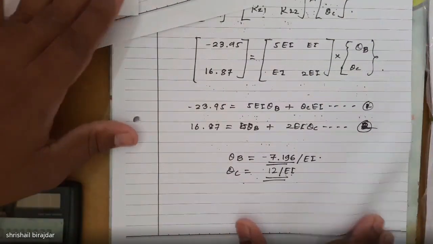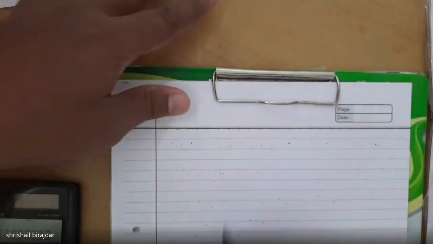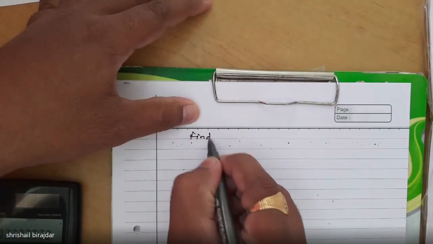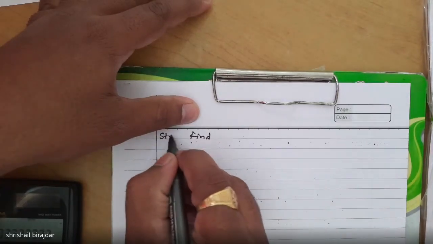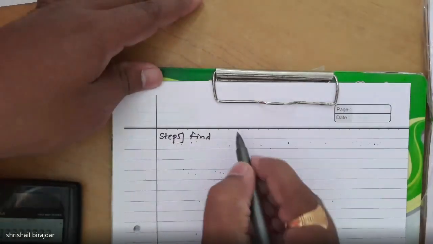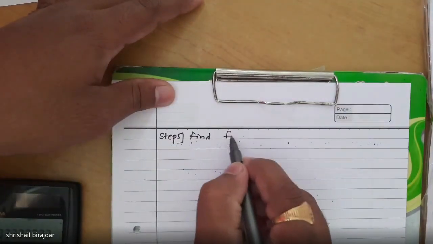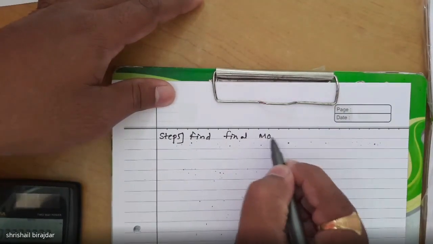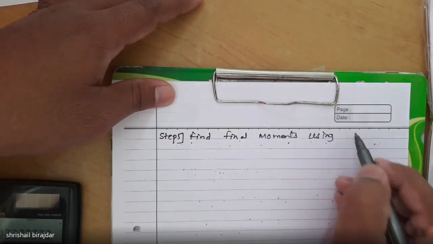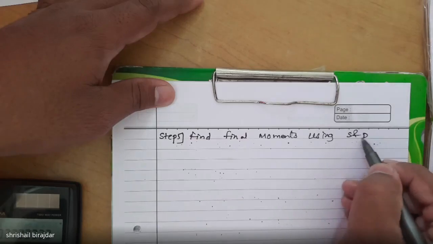Then the next step is step number 5: find the final moments using the slope deflection equation.